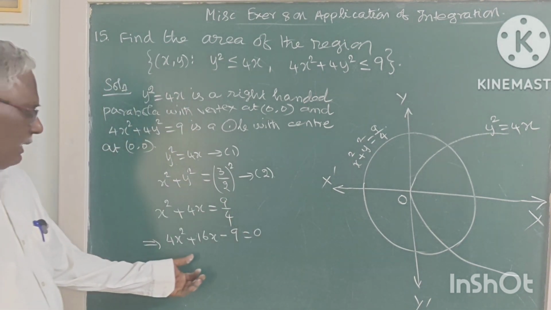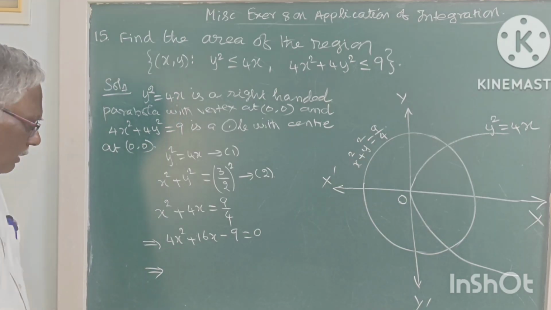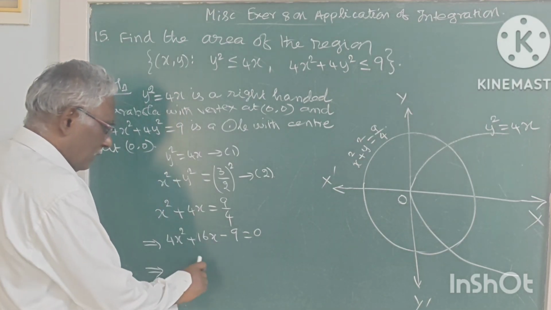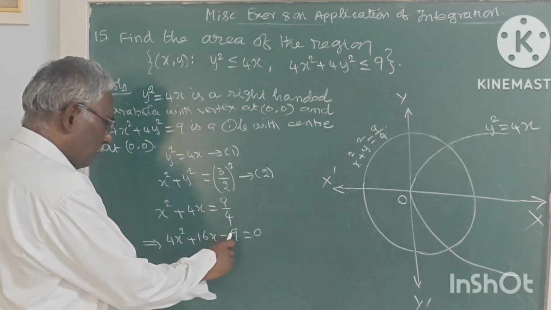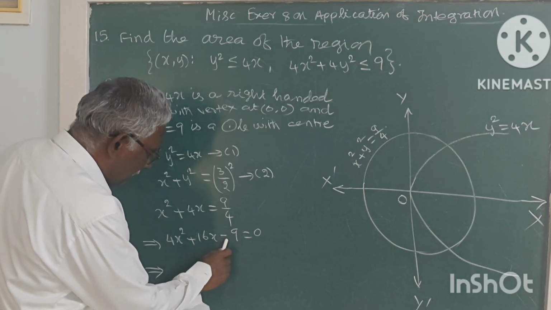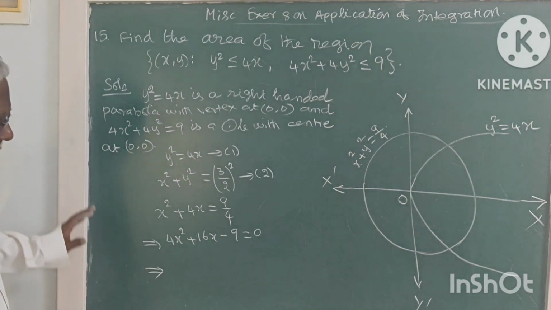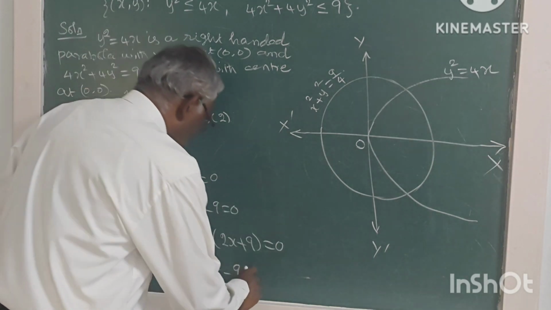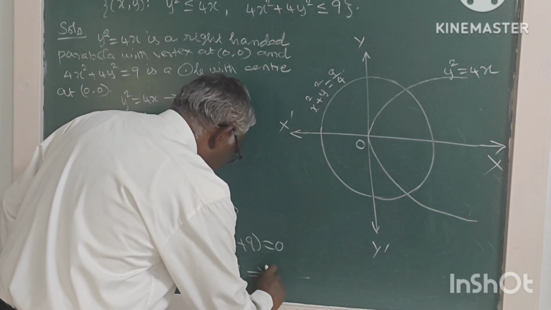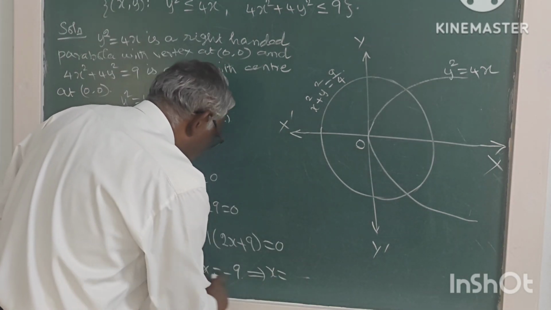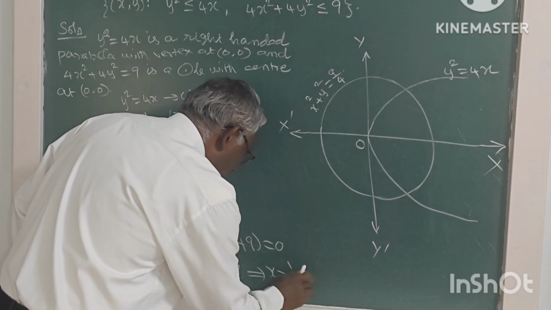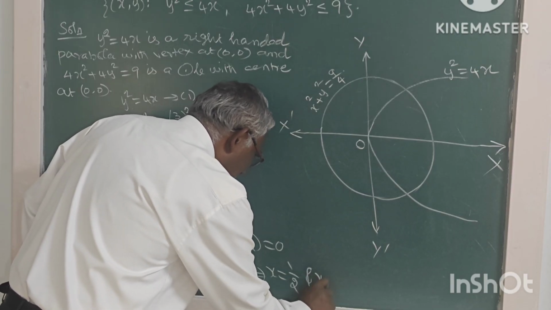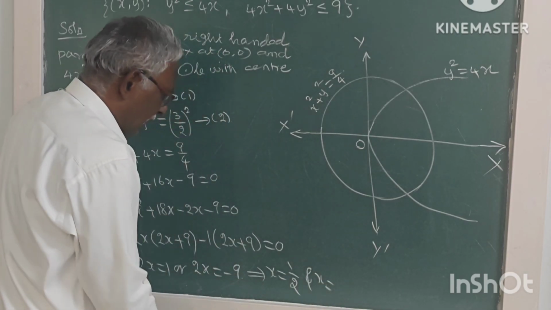Now we have to find two numbers such that the sum is 16 and product is minus 36. So it will be plus 18 and minus 2. This gives the value of x equal to 1/2 and x equal to minus 9/2.